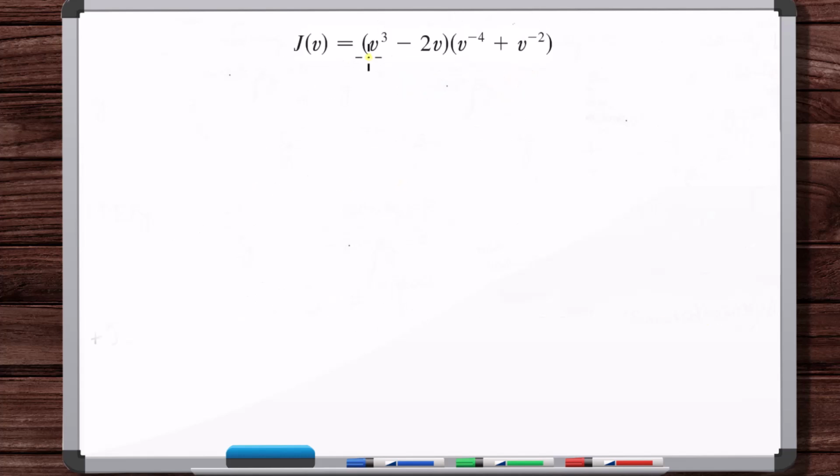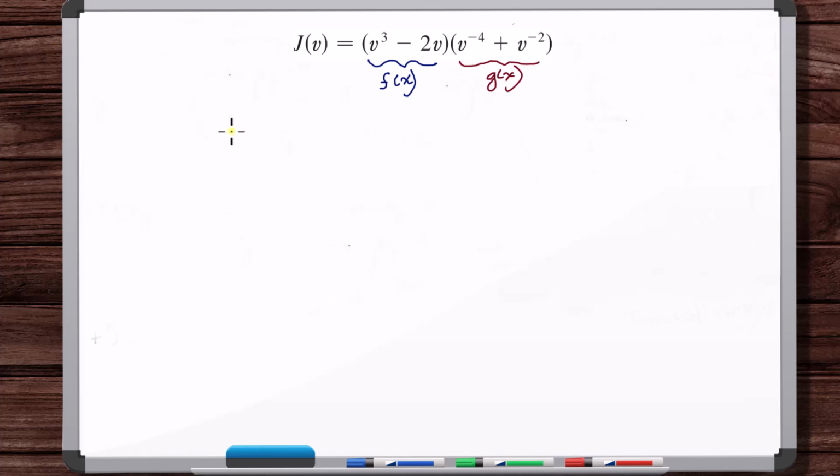Again, we could do this distribution, and it would probably be easier, but we want to practice the product rule. So this, we'll say, is f of x, and this is g of x.